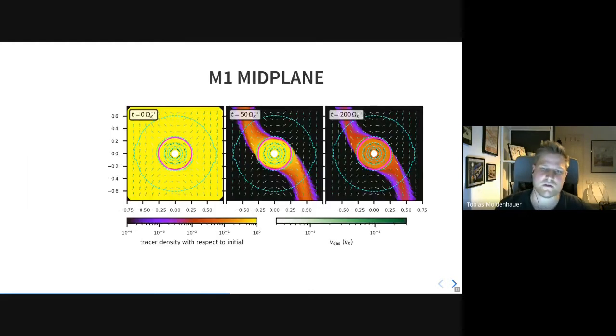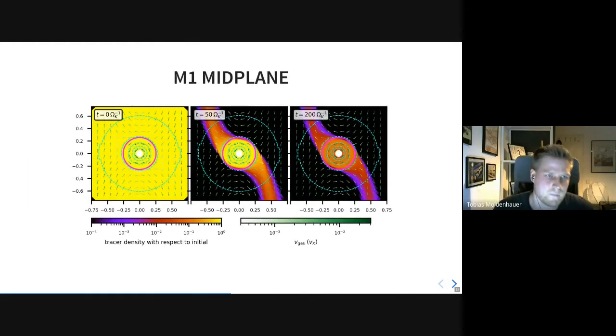Yeah. So what this looks like for this simulation with a one Earth mass core in the center is like this. So at t = 0, you see the whole Hill sphere is being filled with a tracer fluid, and then after t = 50, you see that there's some inner region that's still very yellow.